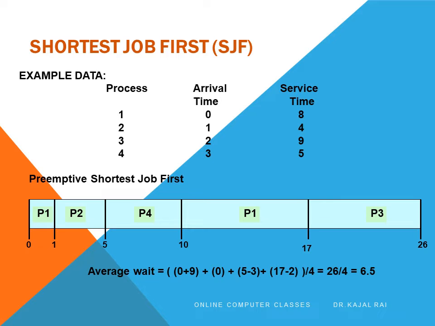For P4 it is 5 minus 3, because it arrives after 3 seconds. And P3 has a waiting time of 7 minus 2, because it arrives at the end of 2 seconds. So the total average waiting time is 6.5 seconds for SJF.